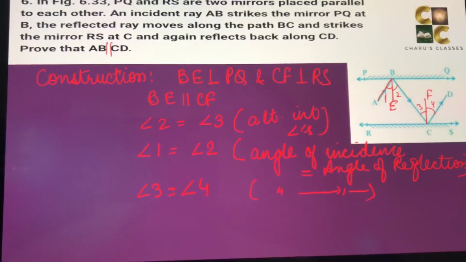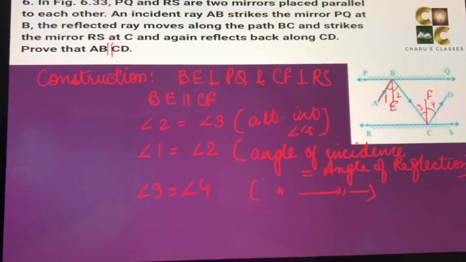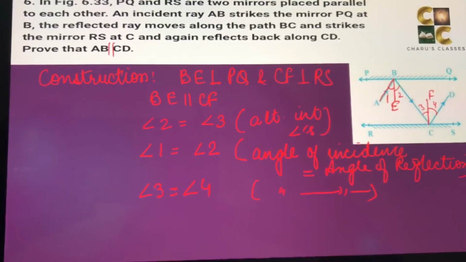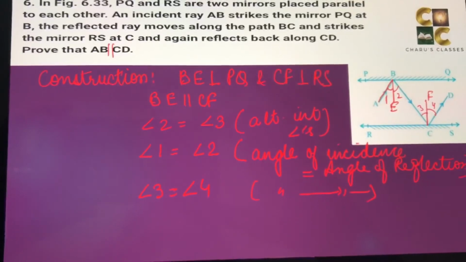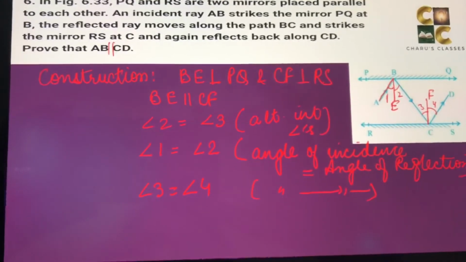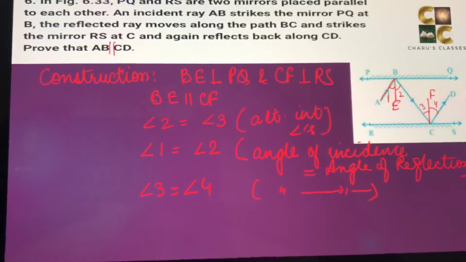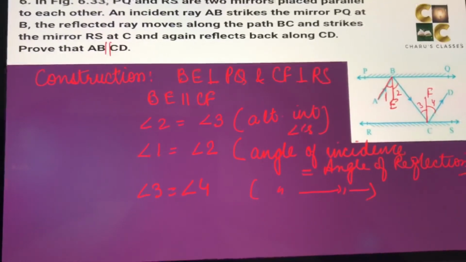So now my angle 1 and 2 are equal, my angle 3 and 4 are equal, and also my angle 2 is equal to angle 3. In short, if 1 is equal to 2, 2 is equal to 3 and 3 is equal to 4, all my angles are equal.